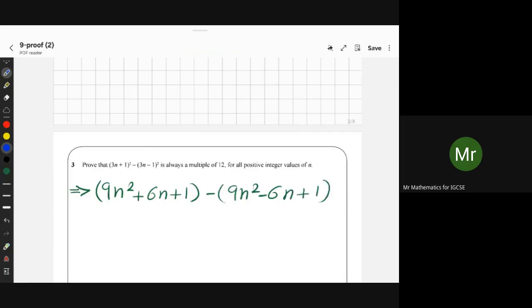Now 9n squared minus 9n squared is 0. 6n minus negative 6n, so we have plus 6n, so it would be 12n. And positive 1 minus 1 is 0. So here is a multiple of 12, as he said.